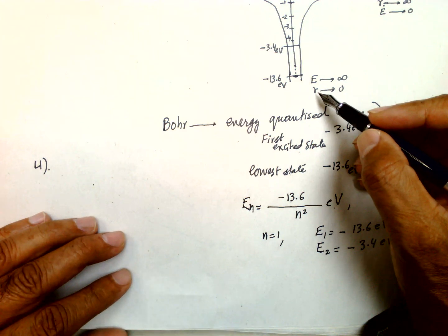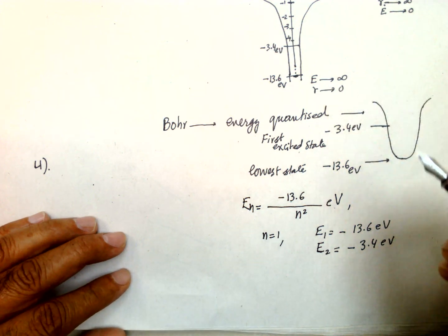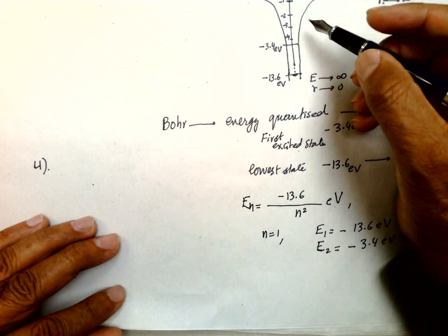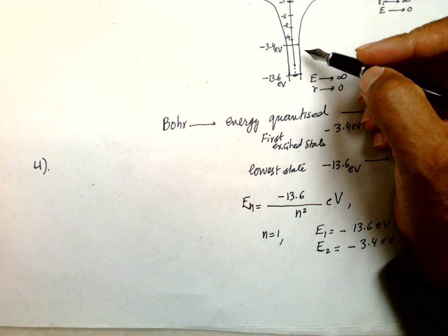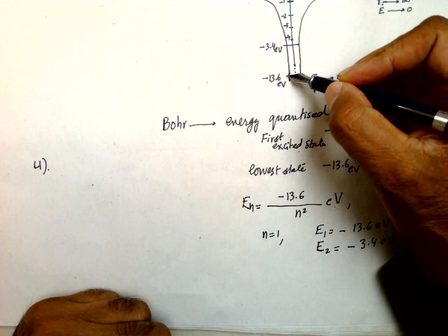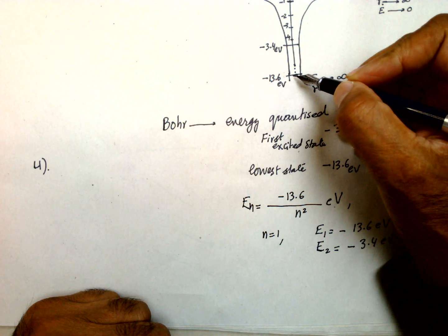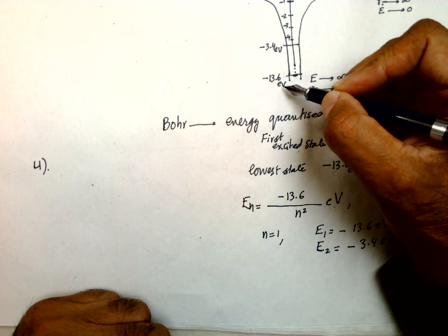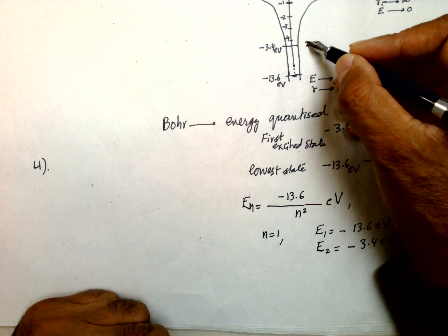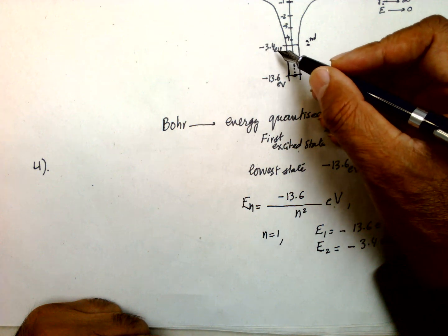Then there is another force which is active, the strong and weak nuclear forces. But the energies are quantized, so there are different levels. The lowest level of hydrogen is minus 13.6 electron volt, and the second level is situated at minus 3.4 electron volt.